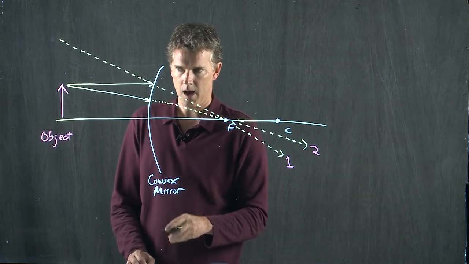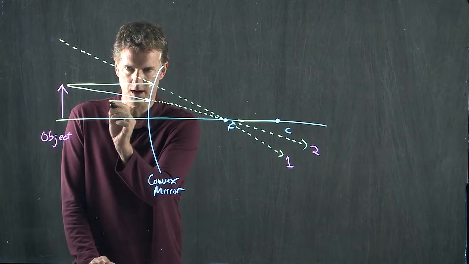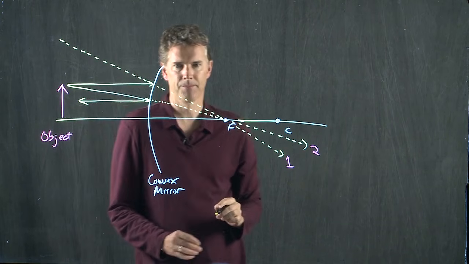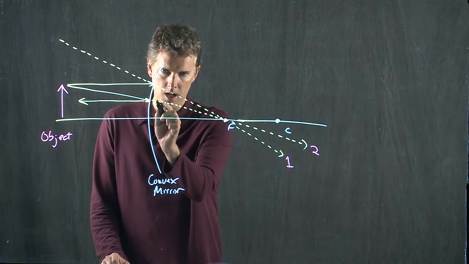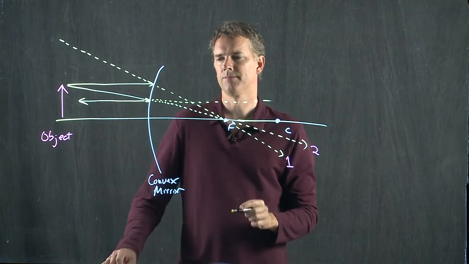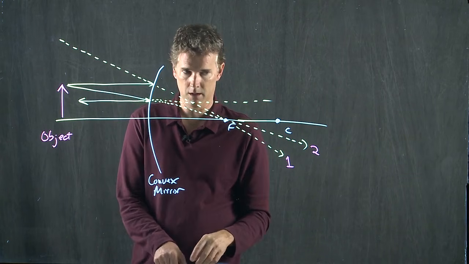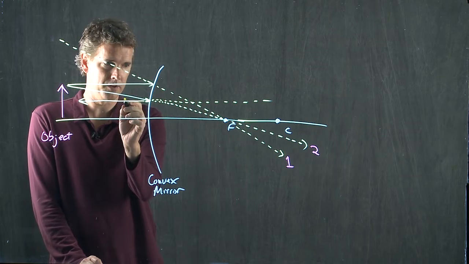Okay. And before we do that, let's talk about ray 2. Ray 2 bounced off and went there. Okay, so it looks like it came from there. And then ray 3 is the one that goes through the center.